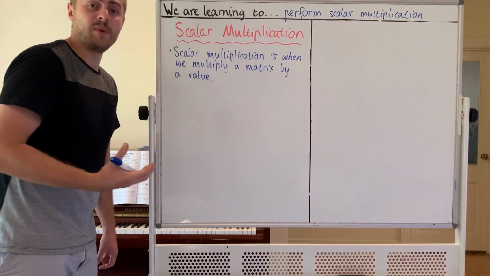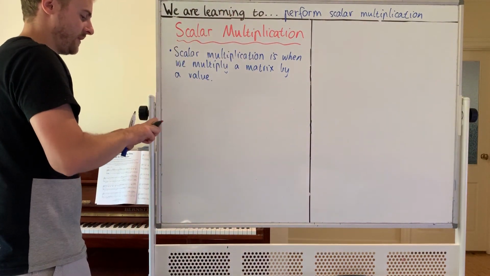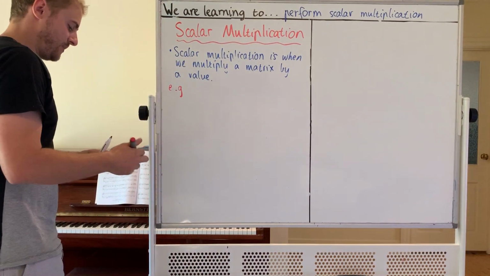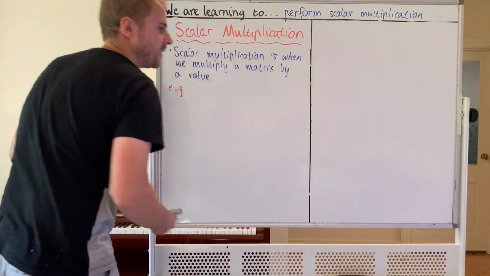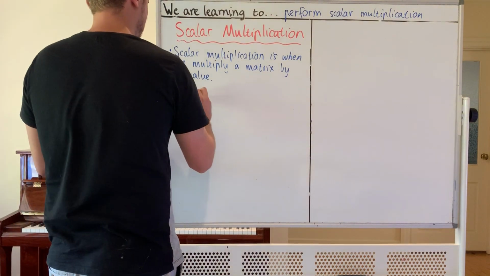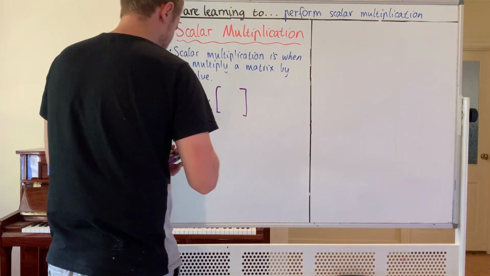Could be a fraction, could be a whole number, could be negative, could be a positive, could be anything. So as an example, we might have the question, three times a given matrix.